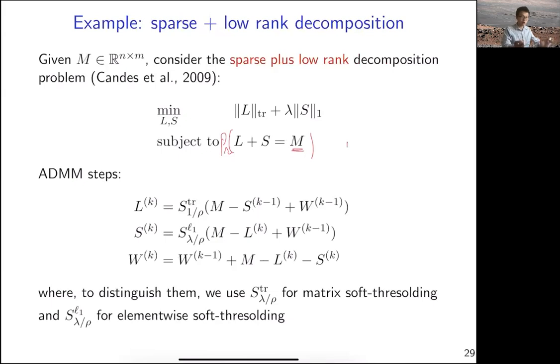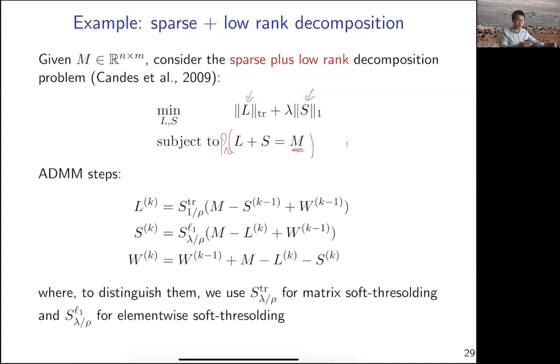Different users can rate only certain movies that they have watched, but not others. The goal is to come up with a low rank matrix L, which captures the different factors of people's preferences on movies, and the sparse term, which measures the outliers. So there are people that are not typical, that are not captured by these low rank components, and maybe there are outliers that we want to just ignore.